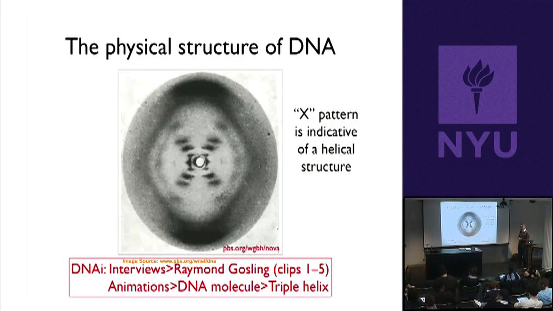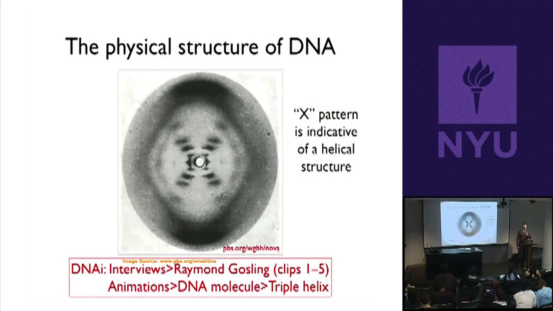But basically the idea is if you shoot an X-ray beam at a crystal, so a crystal is a repeating structure of some substance. If you shoot an X-ray beam and watch where the beam sort of splits after it hits that structure, you can infer things about what it hit, okay, and what shape the thing was that it hit. And to a crystallographer, if you see a pattern like this, within a microsecond you say helix.